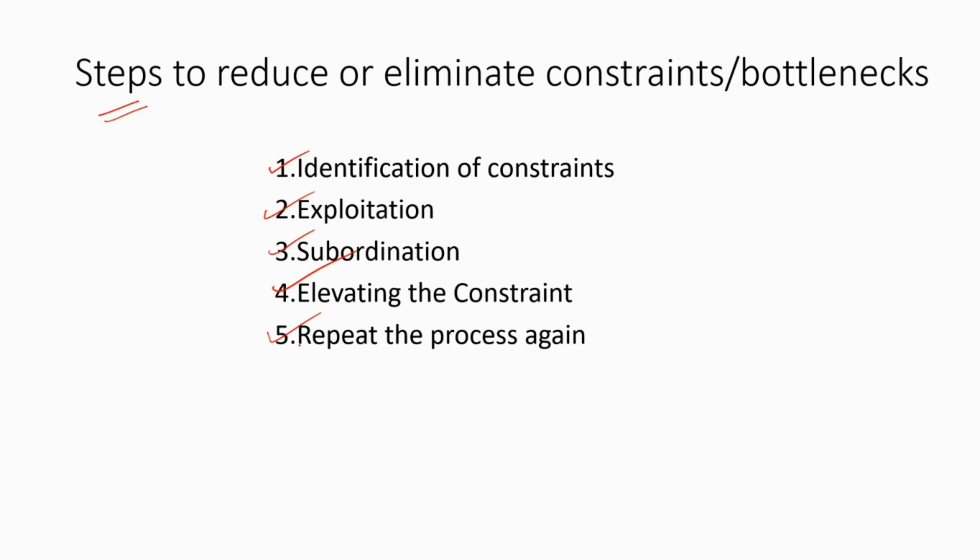By doing so, the restaurant can ensure that its operations remain optimized and any new or changing constraints are addressed effectively, which simply means eliminating or reducing one constraint can create a new constraint. So, this should be an ongoing process.